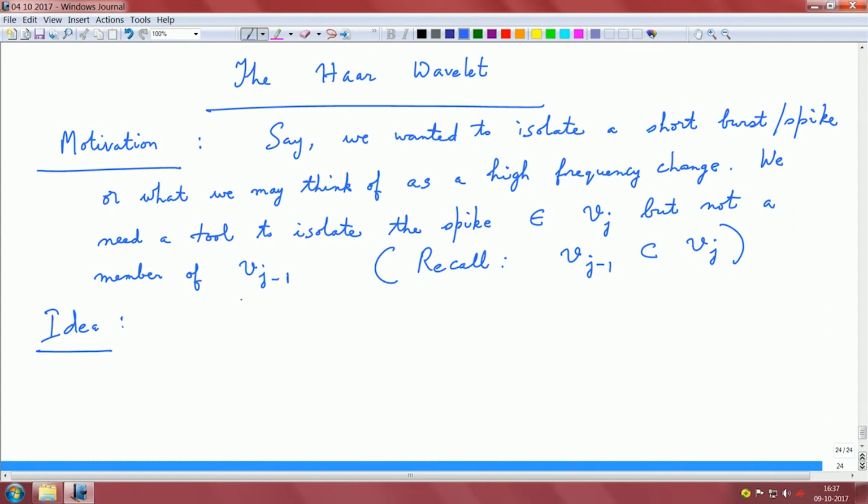So, what is the idea? We need to apply the notion of direct sum spaces.